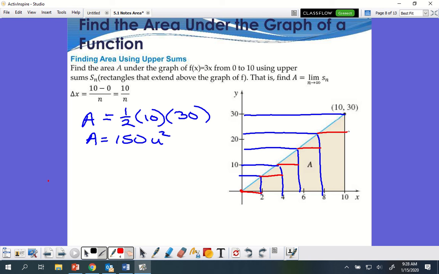There you go. So, let's see. Block that off, block that, block that, block that, block that. And then there. Something like that.